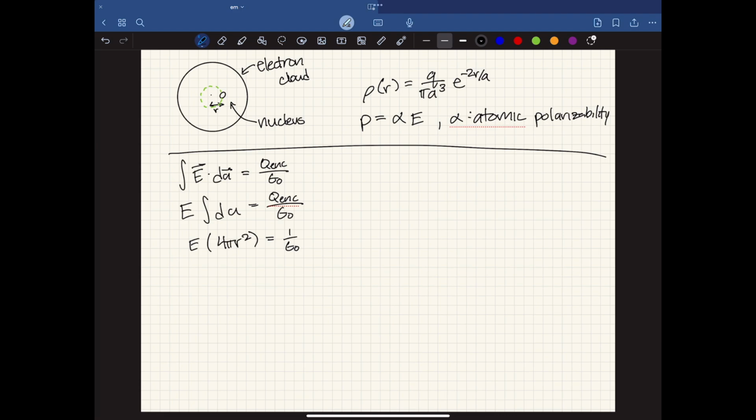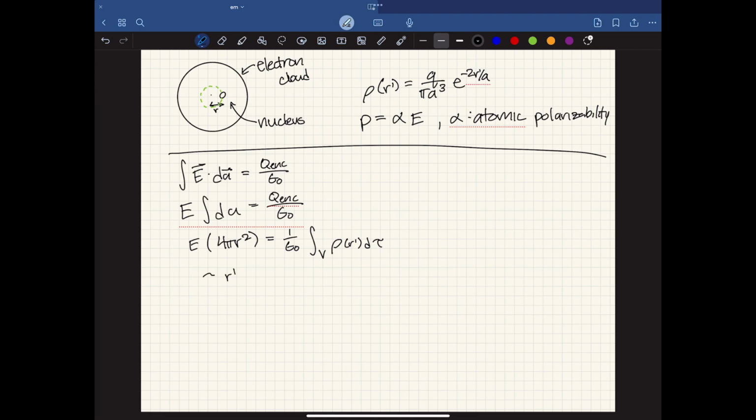To find Q enclosed, we need to take the volume integral of rho of r d tau. Here I will use r prime to not confuse it with the radius r that we defined earlier.